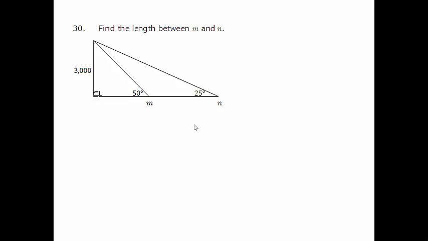I have the smaller triangle that will help me find this length because it is the adjacent side to this 50-degree angle. And then I can also look at the larger triangle where I can solve using this 25-degree angle for this length. When I know both of those lengths, I can find the difference. So that's what I'm going to do.